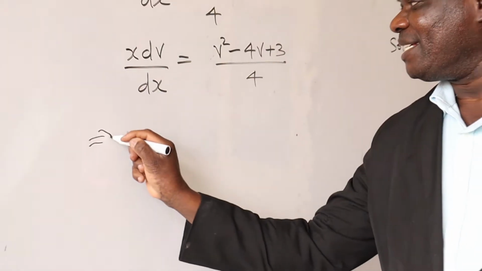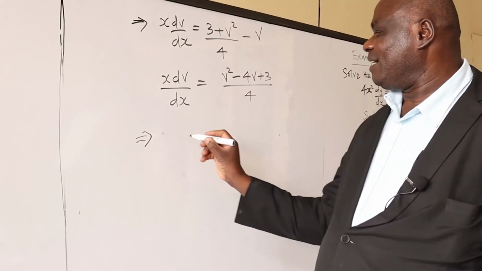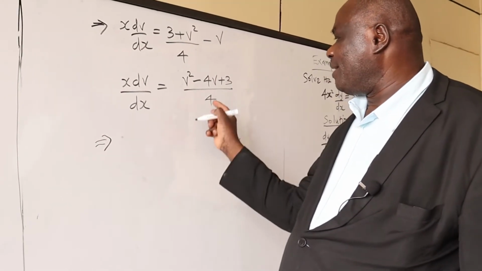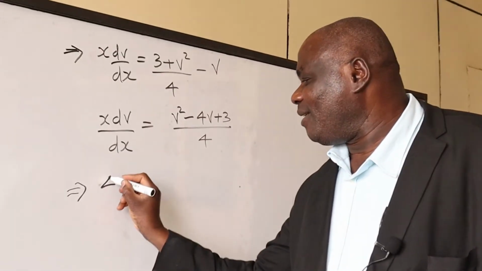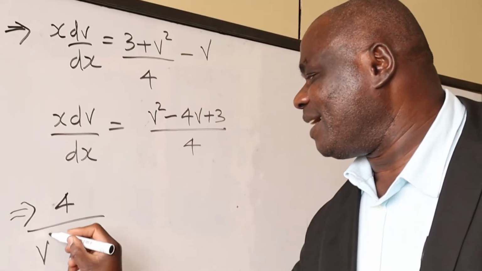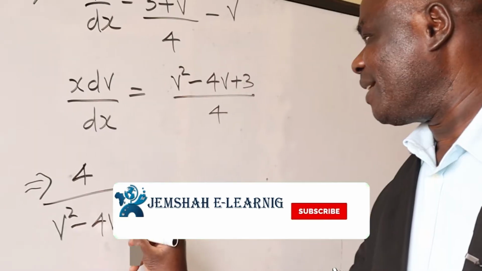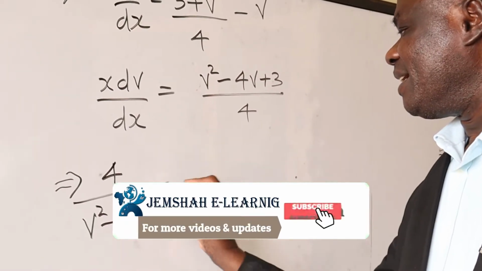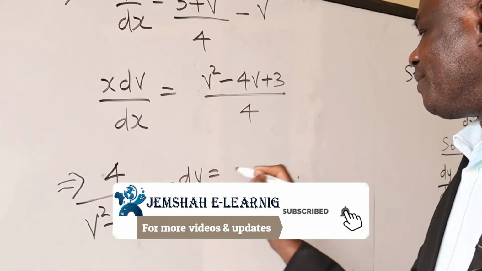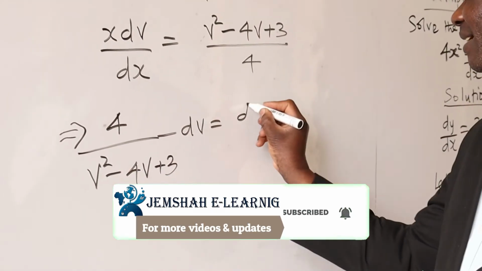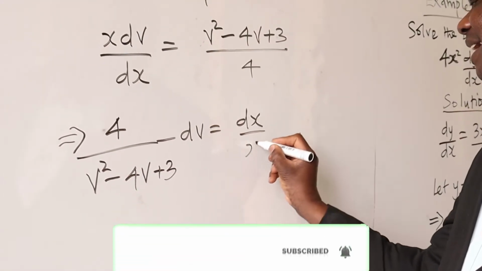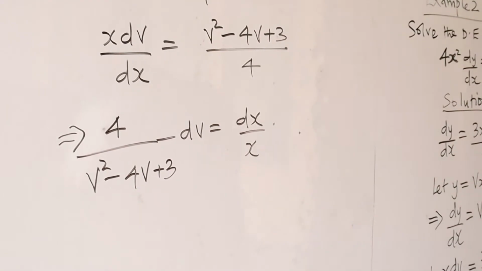So this implies now we can separate the variables: 4 all over v squared minus 4v plus 3 dv is equal to dx all over x. We have managed to separate the variables.